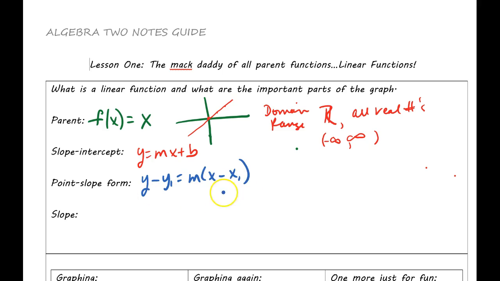This form is awesome if you are given a point and you're given the slope. So if you're given these two things, use this form. You will be plugging in your point here and here for the x and the y, and you'll be plugging in your slope. And so you plug into these three, and then you're able to have your equation.